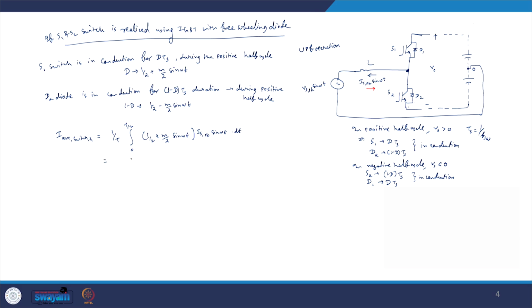So when we solve this, we get 1 by T Is peak, 0 to T by 2 of 1 by 2 sine omega t dt plus 0 to T by 2 of m by 2 sine square omega t dt.